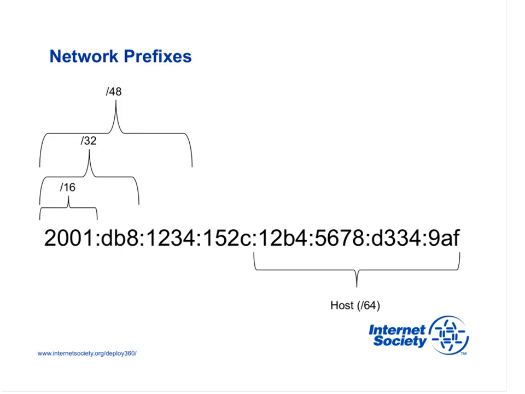As Kevin mentioned, a nibble is 4 bits, and 4 times 4 is 16. So each of those blocks is 16 bits, and you have a /16 at the top, a /32, a /48. We could, of course, have other allocations in there, but we typically talk about those boundaries because it's very convenient and visually easy for us. And those are the types of prefixes that we typically see.